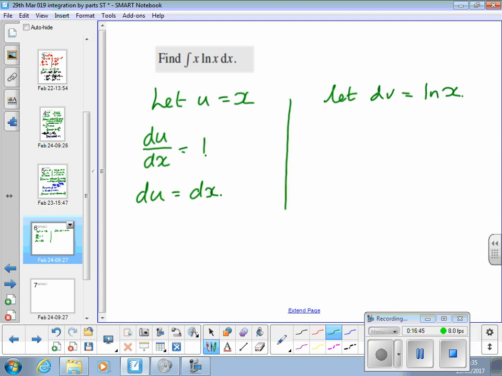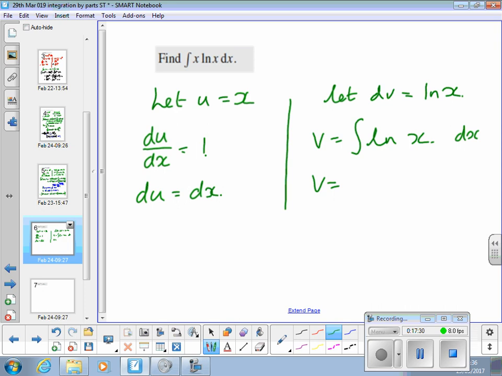And over this side, v is equal to the integral of ln x, and therefore v is equal to, standard table of integrals, integral of ln x's not on there. Problem, not in this table of standard integrals.